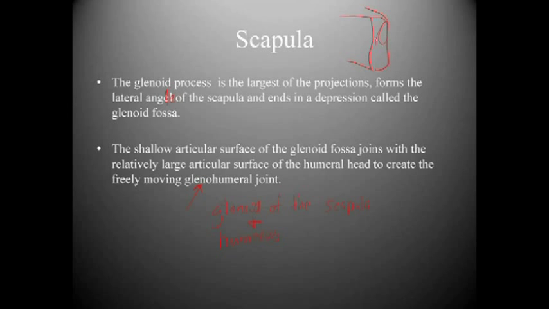This depression here is called the glenoid fossa. The shallow articular surface of the glenoid fossa joins with the relatively large articular surface of the humeral head to create the freely moving glenohumeral joint. So the glenohumeral joint is formed by the glenoid of the scapula and the humerus.